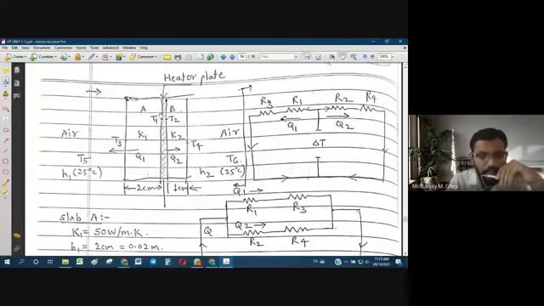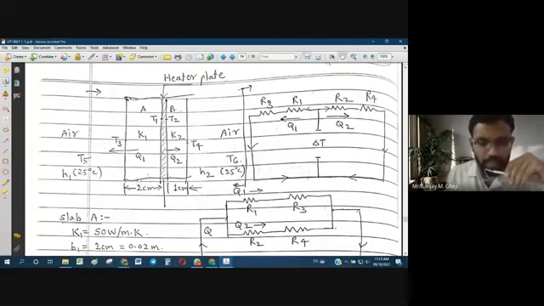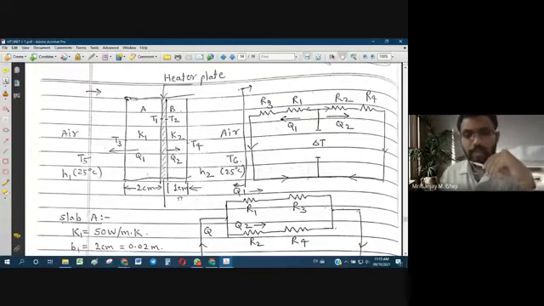So this is the heater plate. It is sandwiched between the two plates. On the left hand side it is plate A, and on the right hand side it is plate B. Plate A, or slab A, has thickness 2 centimeter, and plate B has thickness of 1 centimeter. Conductivity values are different. Let us say K1 is for A and K2 is for B. Let us say left hand side is A side and right hand side is B side.